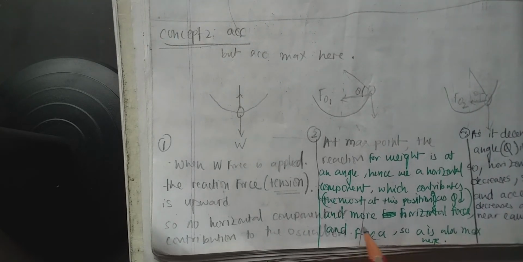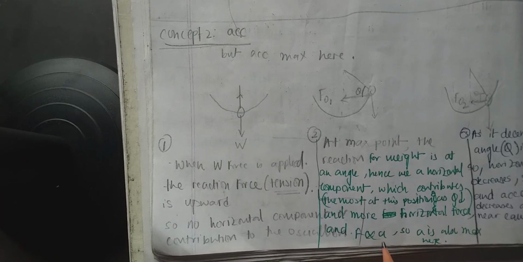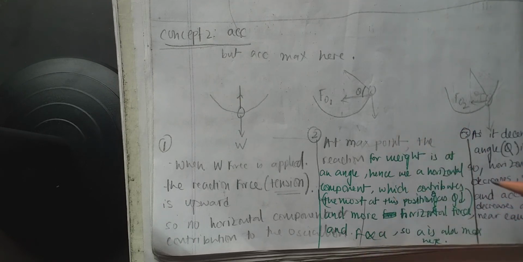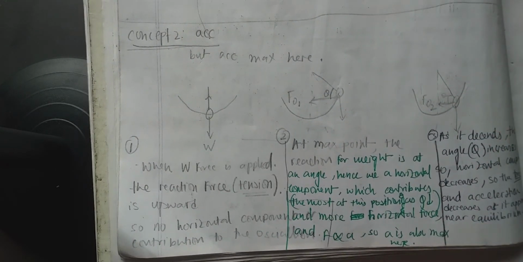So I talked more about how force is proportional to acceleration. So increasing the force increases the acceleration. If you just focus on the forces, we will get to know about the acceleration.